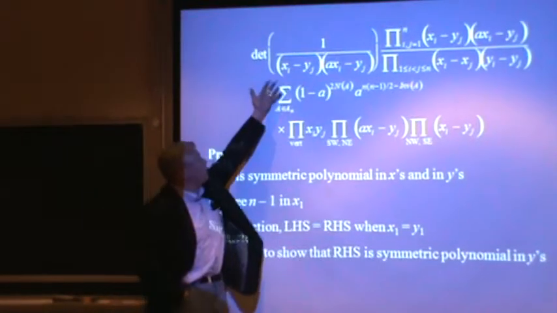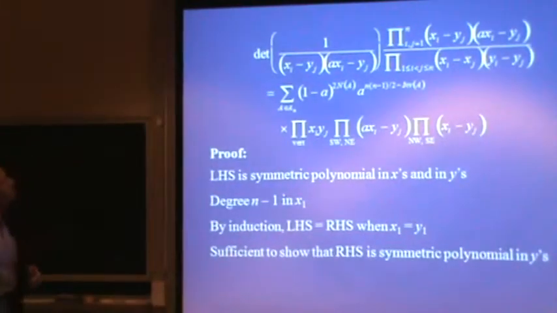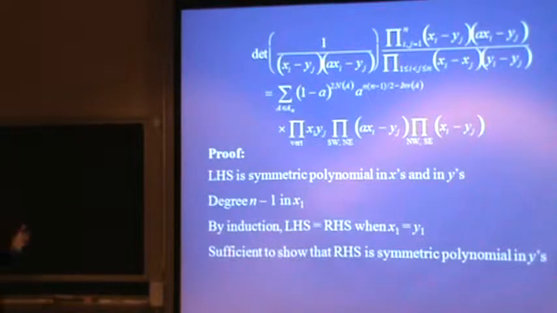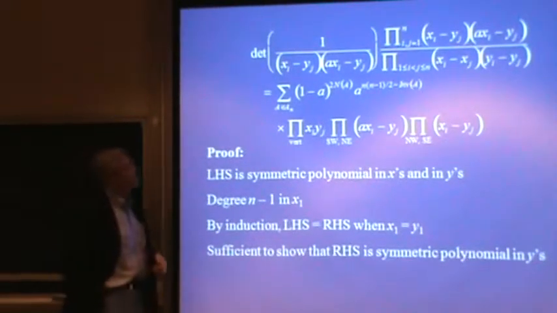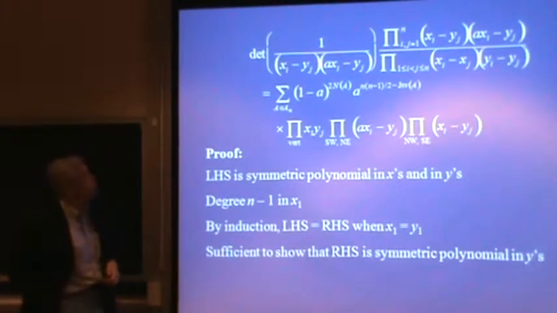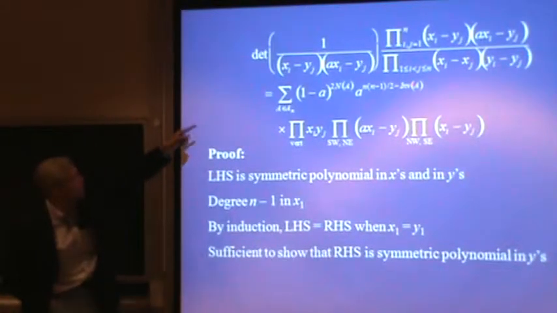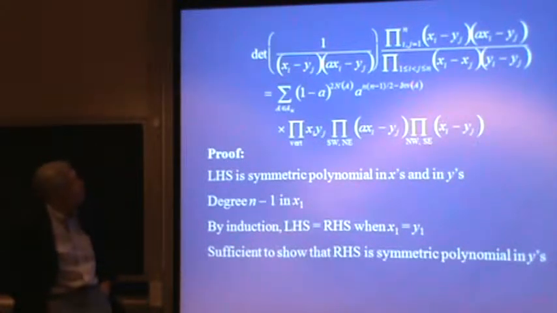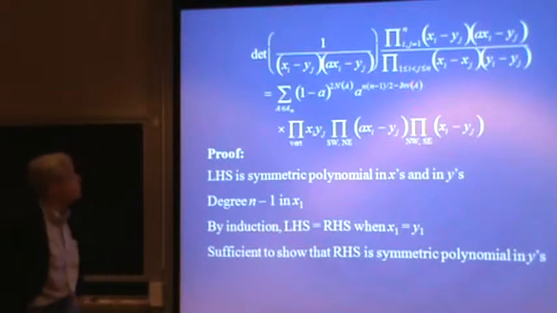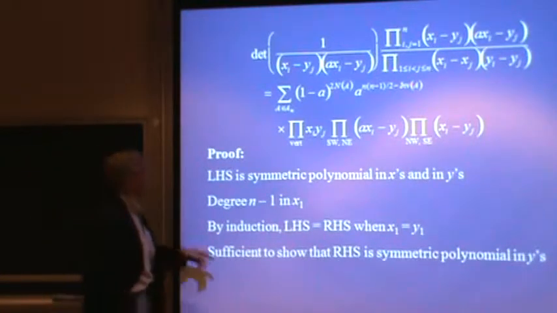But what we have on the left side of the equality is a determinant. So we're looking at an n by n determinant in 2n plus 1 variables, x1 through xn, y1 through yn, and an extra parameter a stuck in there.